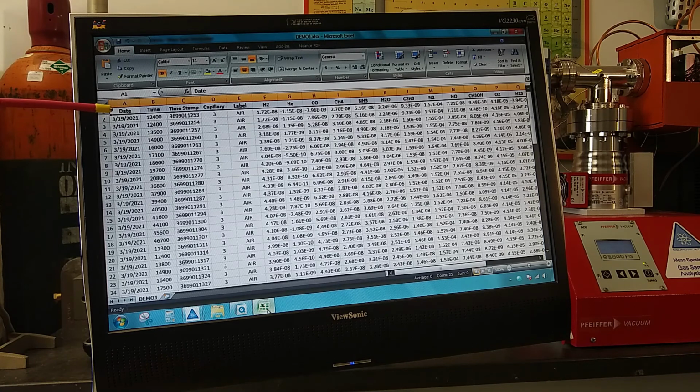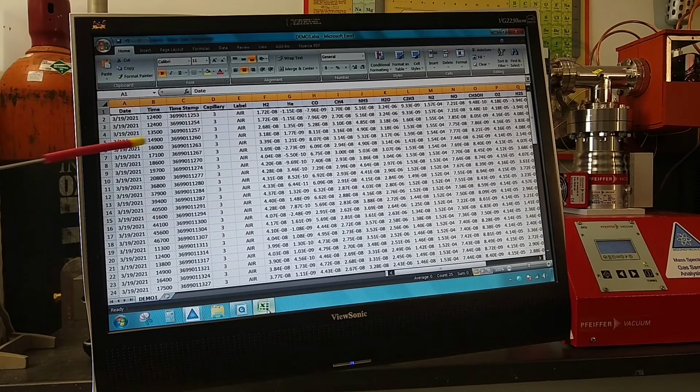What we have is a time and date stamp with each data point. Each of these rows represents one data stream, and each of these rows is going to be 3 seconds apart. So each data stream is an additional 3 seconds. So we not only have a time stamp, but we have a capillary stamp as well, so that we know where the sample is coming from.